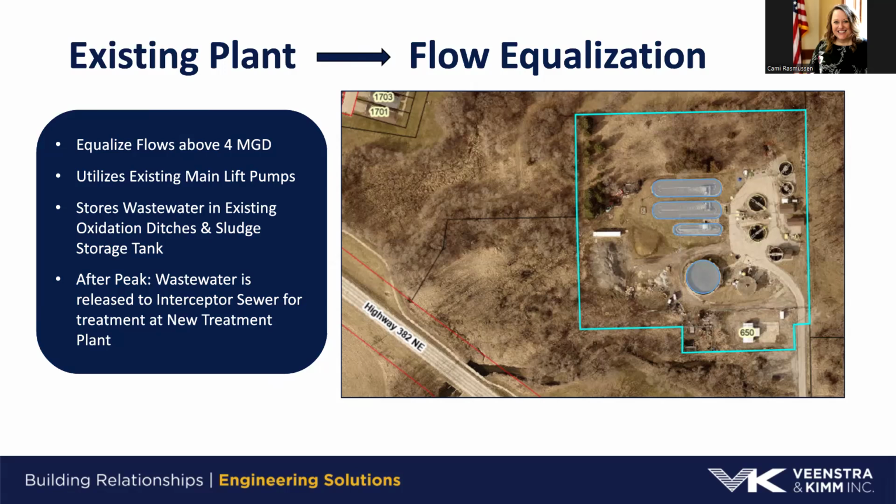So that can store that wastewater until the flows subside and we can take it back to the new facility for treatment. So there won't be treatment at this facility anymore, but it would be storage, which still means that it's part of the treatment facility.